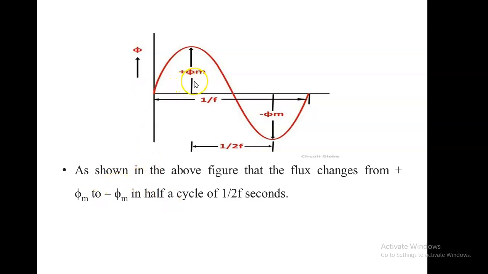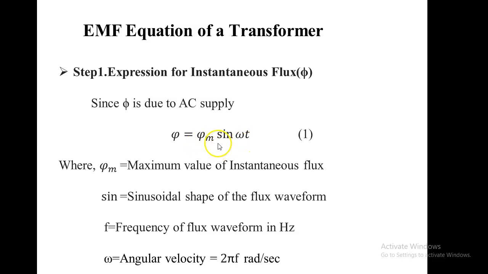The plus Φm and minus Φm indicate the positive and negative maximum value of the alternating flux, which is produced because of the alternating current flowing through the primary winding. This alternating flux can be represented by Φ equals Φm sine ωt. See here, step 1: we have to write the expression for the instantaneous value of flux.